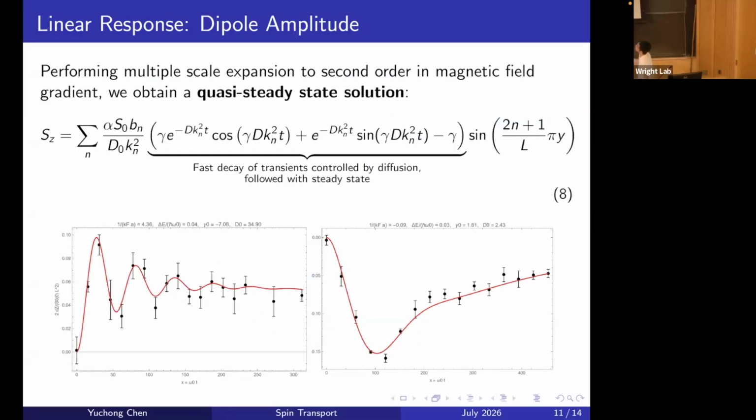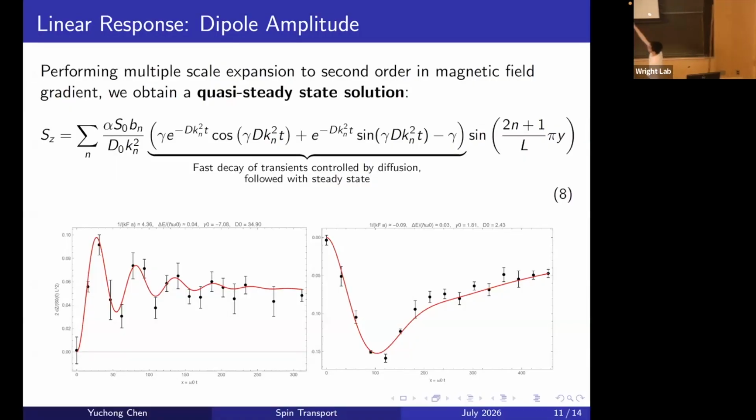The other case is the linear response for the dipole amplitude, which is the spin Z dynamics that we saw. So if we perform a multiple scale expansion on the Laplace equation to second order in the magnetic field gradient, then we can arrive at a quasi-steady state solution for the Z part of the magnetization density. So this is the expression.